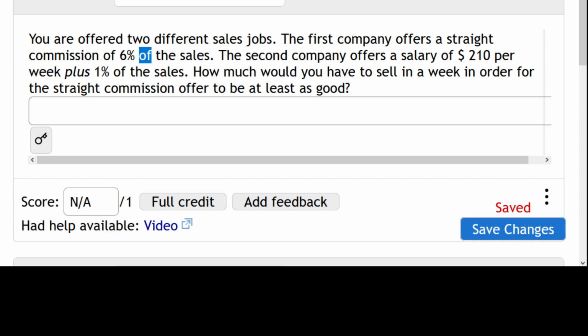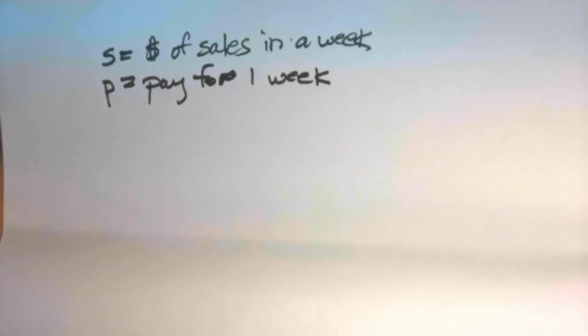So the word "of" means multiply. When we see that in a word problem, a story problem, that generally means that we're going to do a multiplication operation. So it's telling me that for the first company, my pay is going to be 6% of all of the sales. So I'm going to go back to my work here.